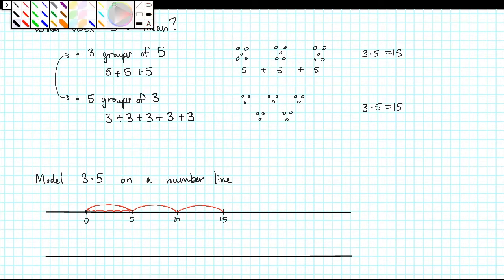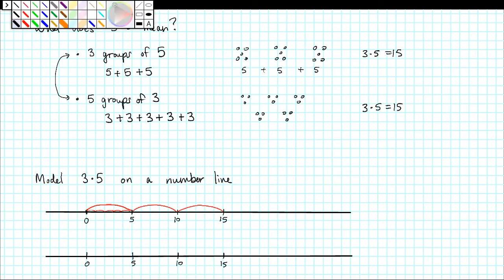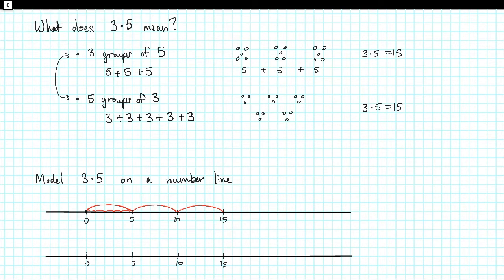And we can also do this with 5 groups of 3. I'm going to put the same markers here, just because it's easier to count on the number line. And 5 groups of 3 looks like this. Here's one group of 3.